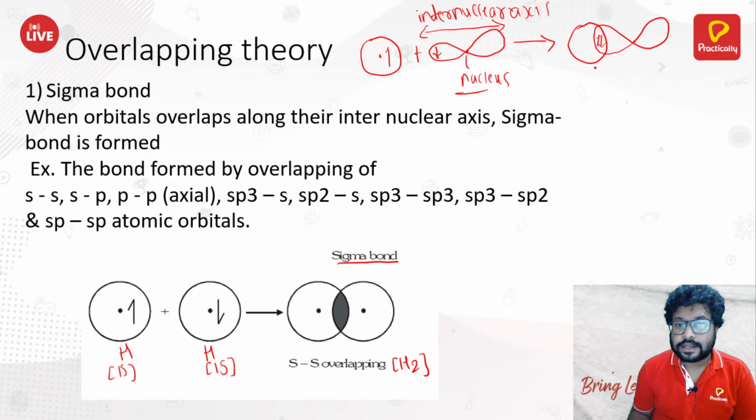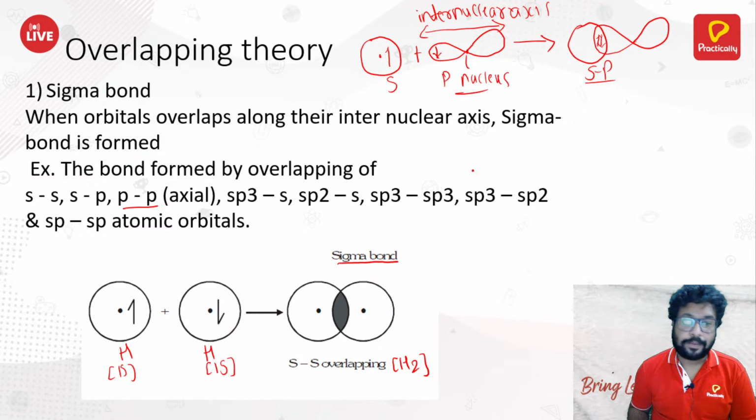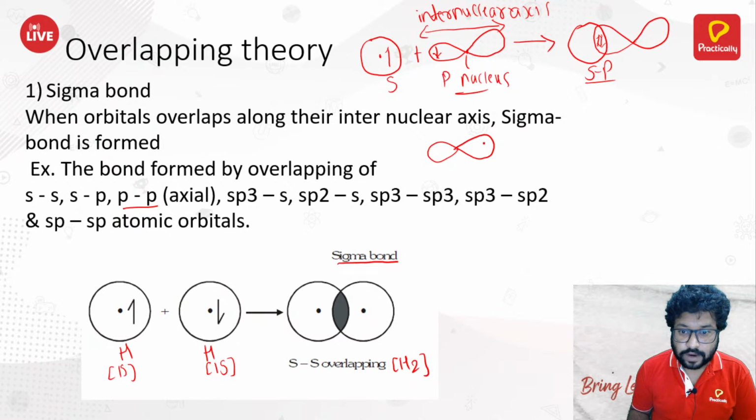So that's how you get the SP overlap. Okay. Lastly is PP overlap. Now PP overlap, as I told you, is the only axial overlap of P and P. Okay. This is your P. One electron here, another electron here.